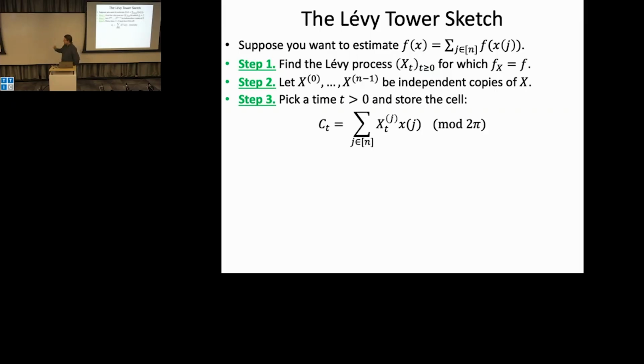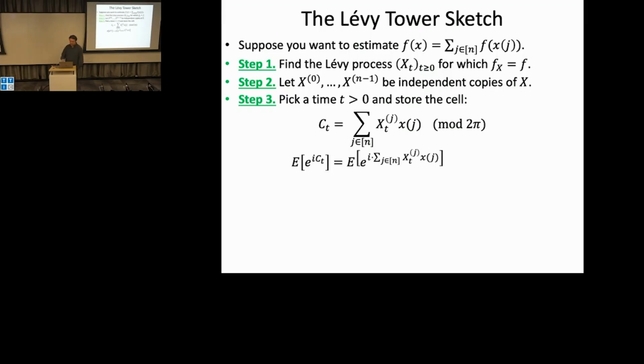Now we do the exact same thing that AMS does: you take the inner product of the vector that you're sketching and the Levy processes, measured at some time t. I'll say what t is later. We're going to be exponentiating in i times this, so we don't need to maintain the sum exactly. We can just maintain whatever the sum is mod 2 pi, because that's all we care about.